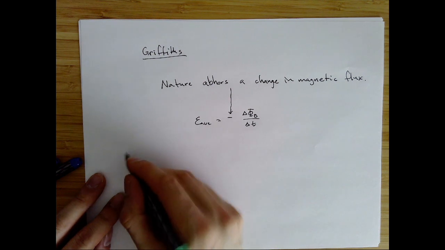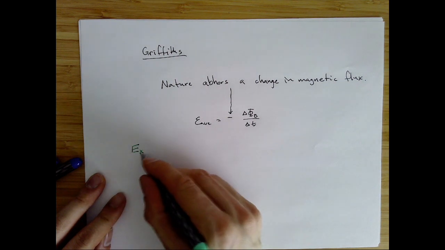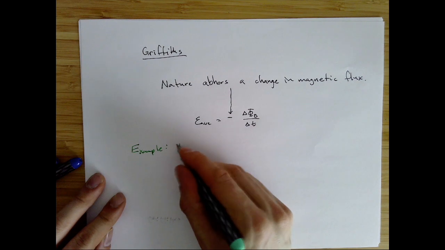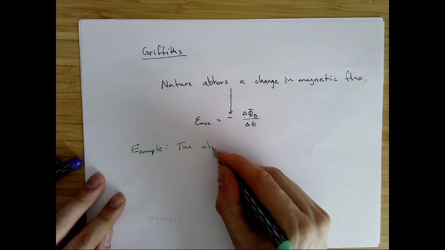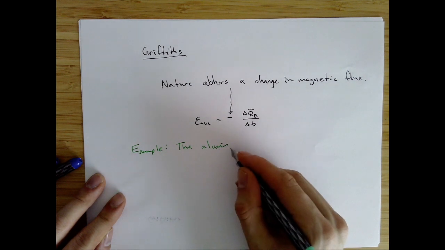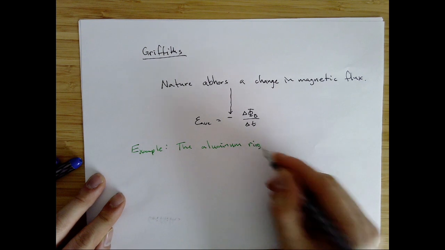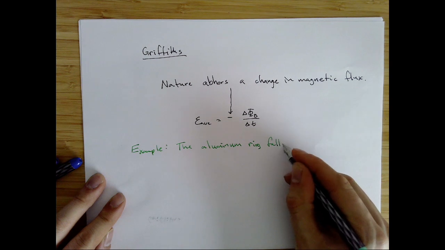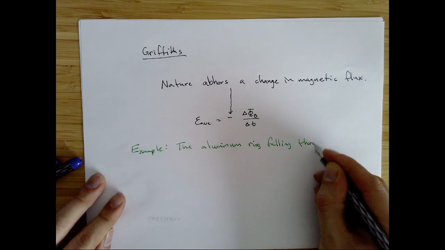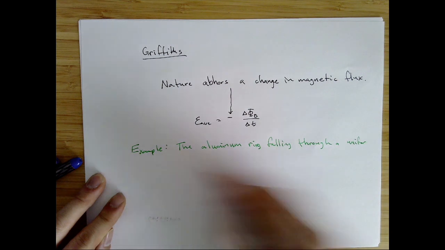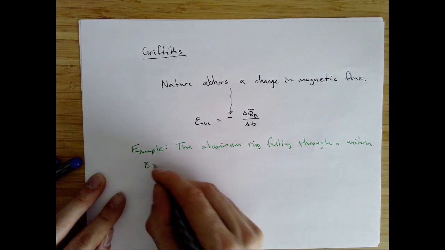So we're going back to our example, and this will be the aluminum ring falling through a uniform B field as shown.